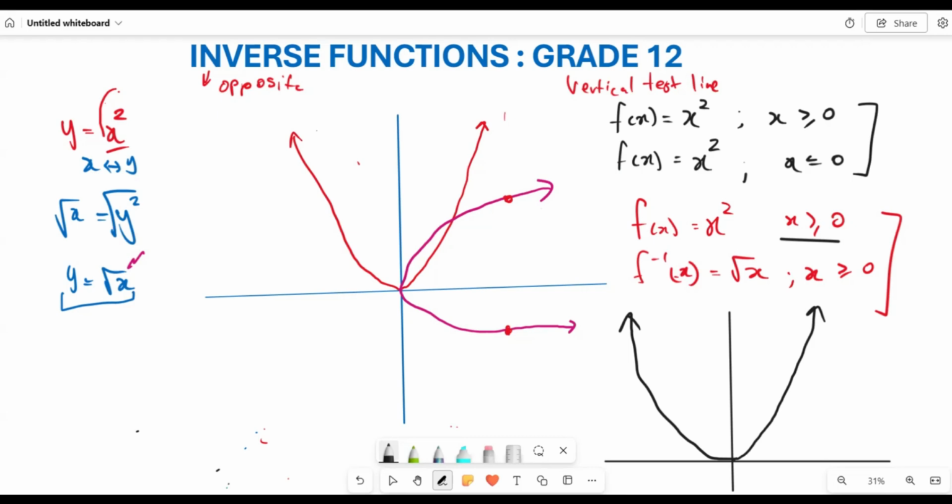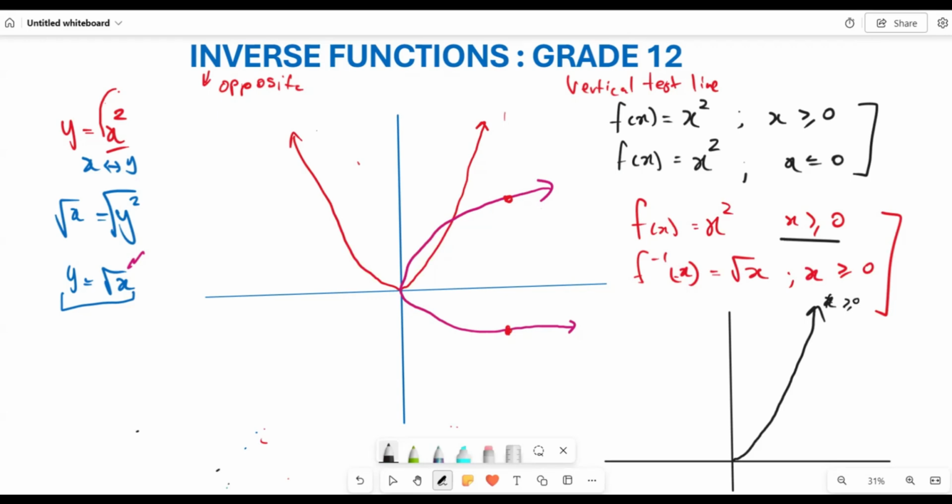So which means when x is greater than 0, we are not going to consider this part. This particular portion is the portion where x is greater than or equal to 0. Even in our inverse function, we are no longer going to draw both parts.